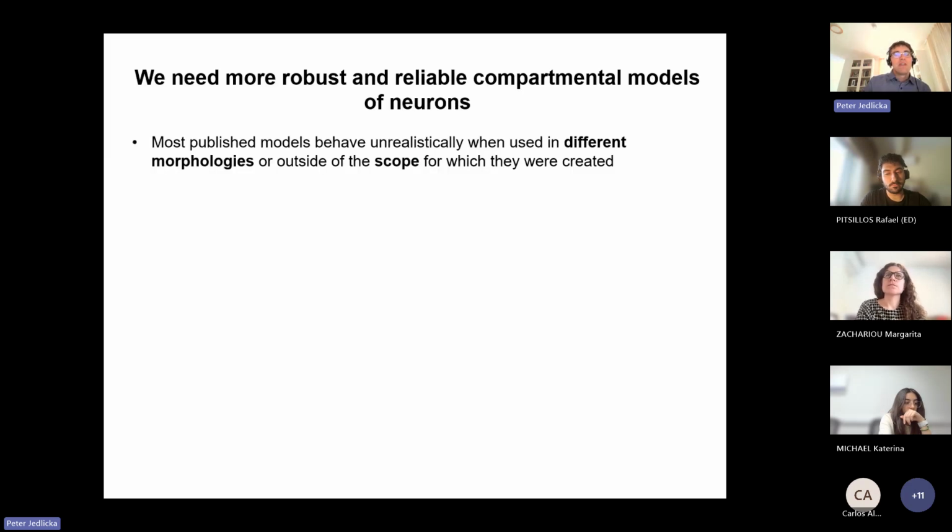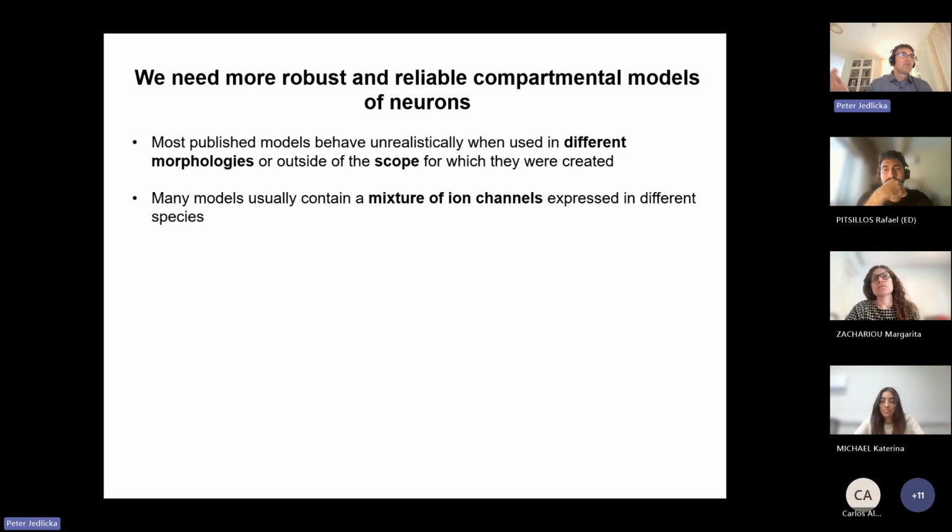There is a problem because we need more robust and more reliable biophysical models of neurons. Why is this so? Because typically people have been using different morphologies, or the models are tuned to one data set, but then they fail for another data set, or models use a mixture of ion channels from different species, or they cannot account for species differences.